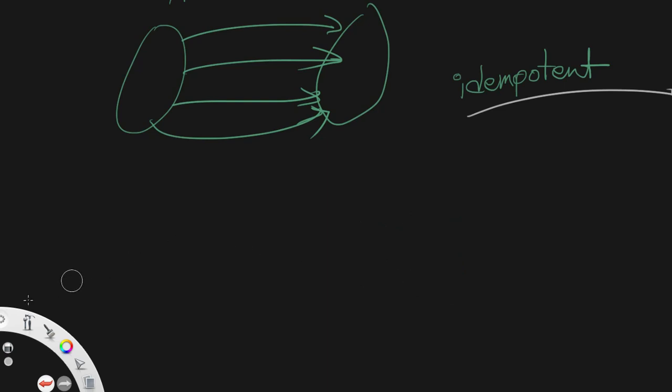In linear algebra, projection is actually defined as a linear transformation. So we have a vector space, let's call it V, and a linear transformation from V to itself.